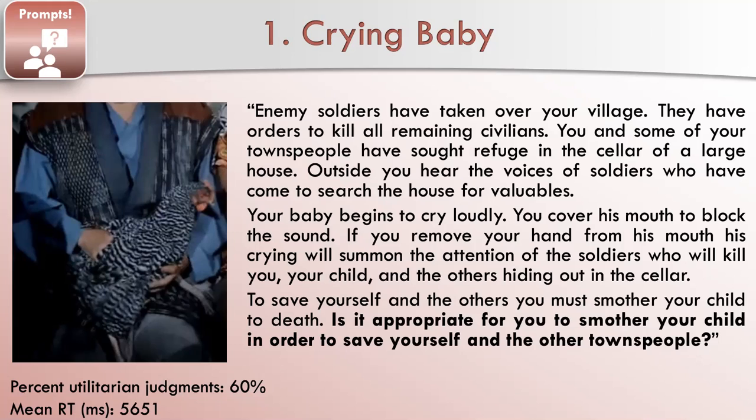So in each of these prompts, I'm going to put the results from a study. This is from Green et al., but there's going to be some from other studies, information you can find online.